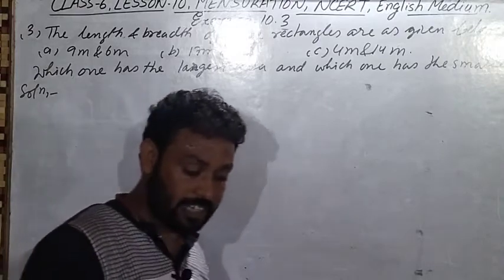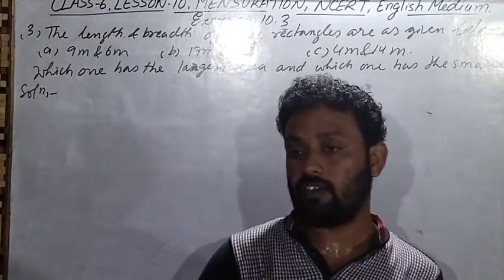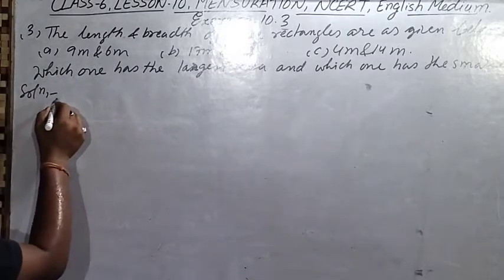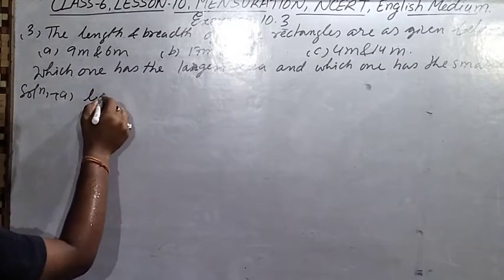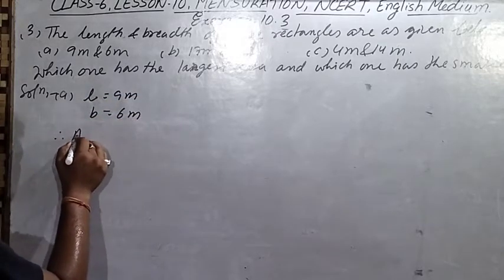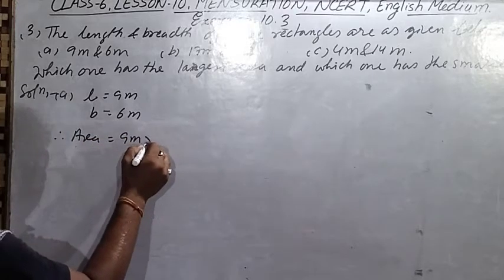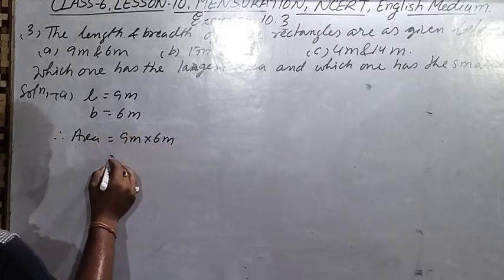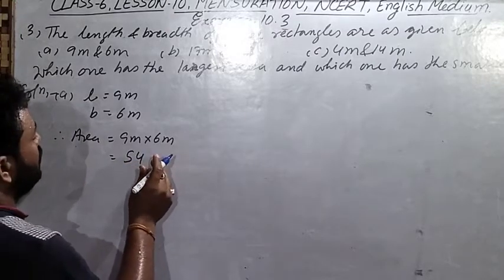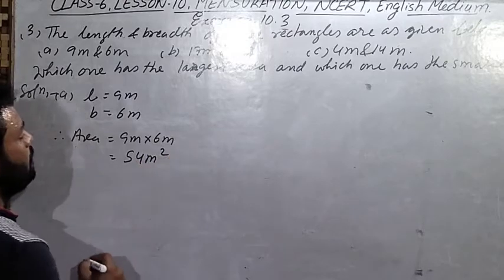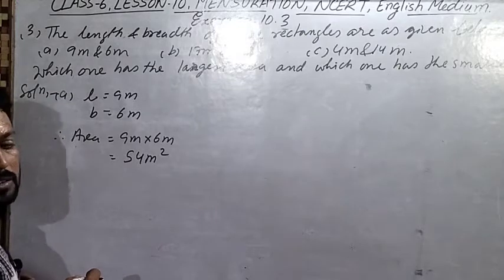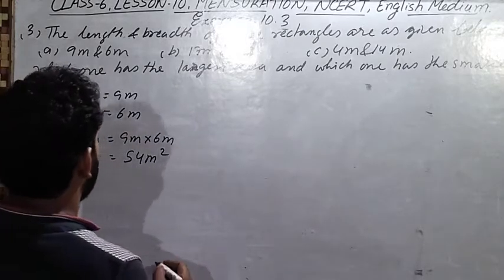To find the largest and smallest area, first we have to find the areas of all the 3 rectangles. So first we will find the area of first figure. A, length is given 9 meter, breadth is given 6 meter, therefore area is equal to 9 meter into 6 meter. 6 9 are 54 meter square.